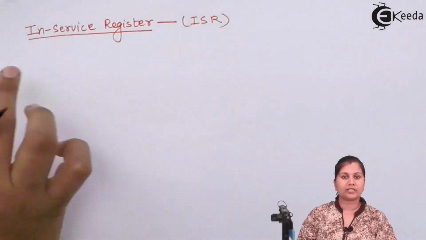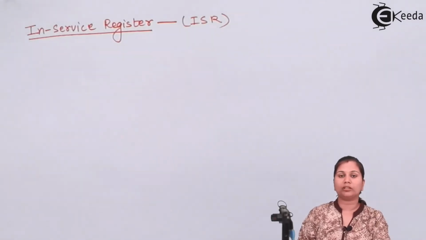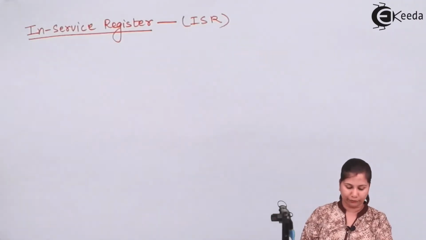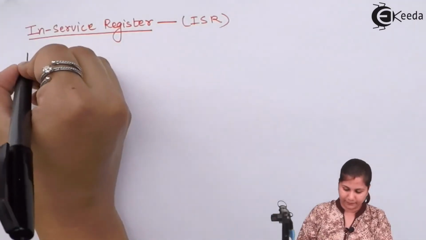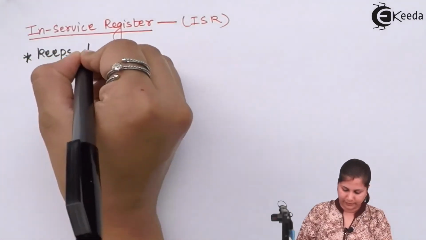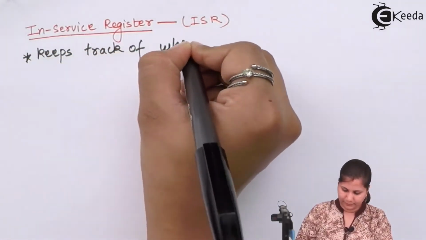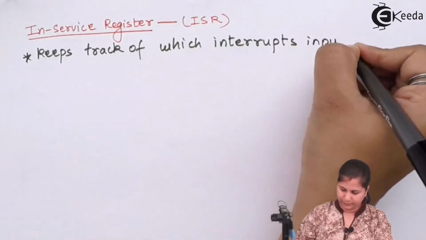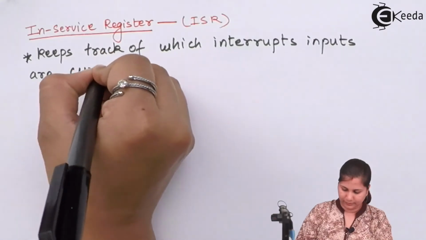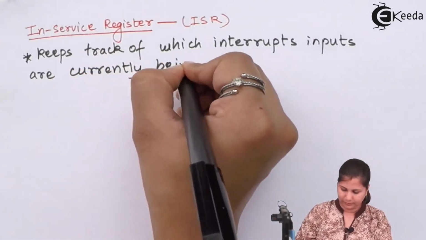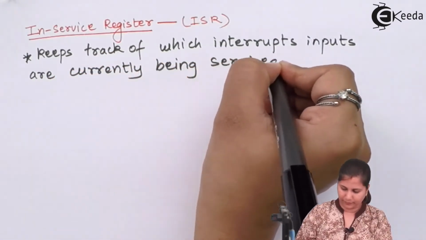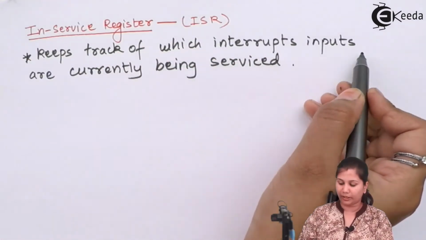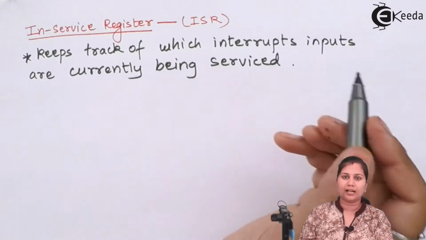The in service register gives us information about the interrupt requests which are currently being processed by the 8259. So this in-service register keeps track of which of the interrupt inputs are currently being serviced.